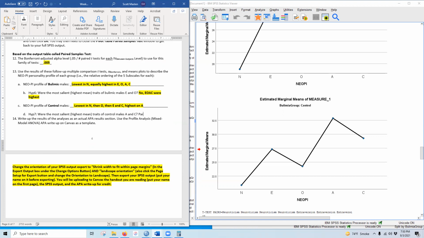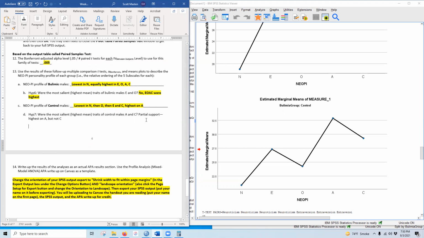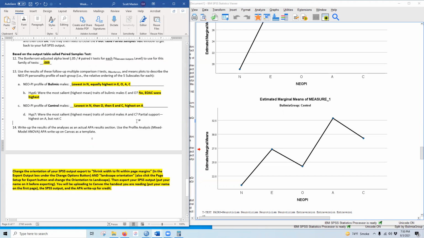Partial support, highest on A, but not C. All right, so let me just repeat that after I highlight this, see if it makes sense. So they hypothesized that A and C are going to be the two highest, right? And were they right? Partially. A was the highest, but not C. So I'd say partial support, highest on A, but not C.